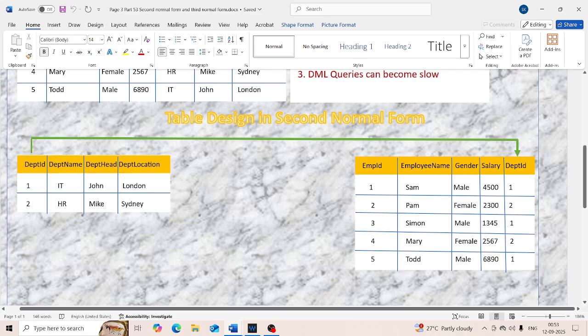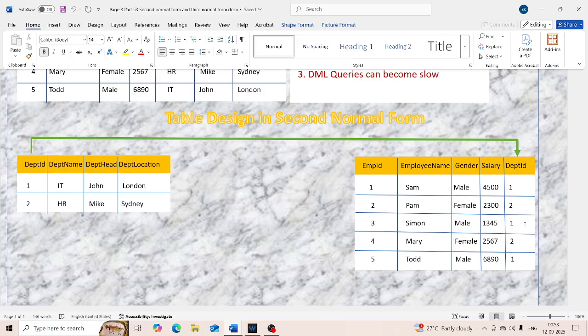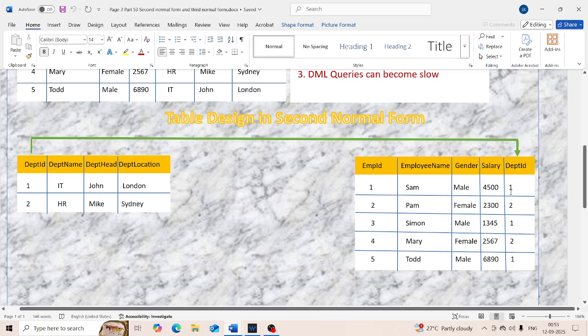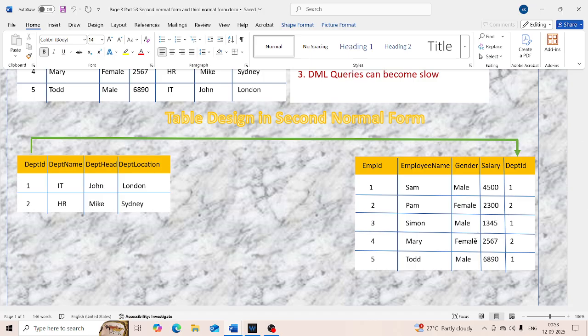Now we are just repeating one column. And we have to do this. We cannot completely eliminate data redundancy, because if you remove this department ID column from this employee table, you will not know which employee is belonging to which department. So we need to have some level of redundancy.